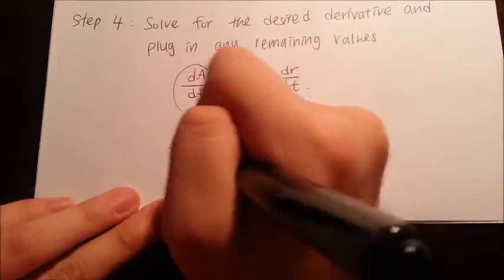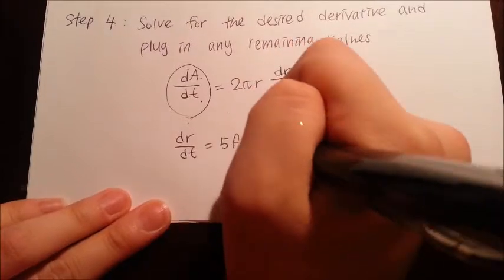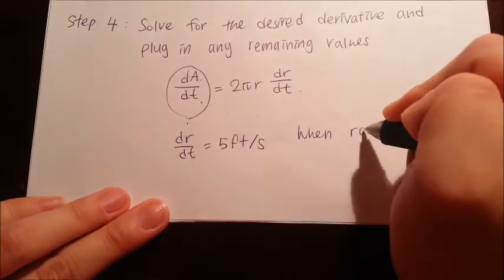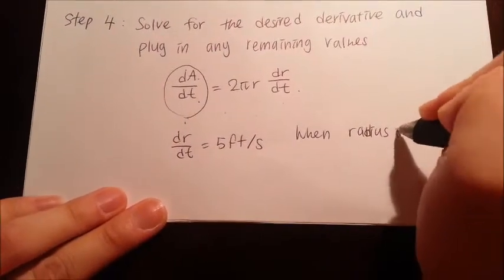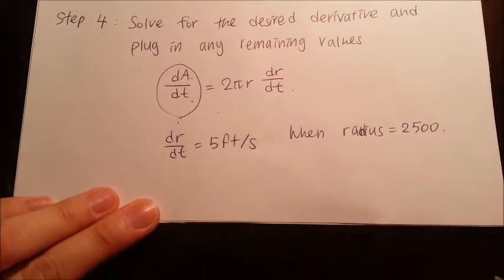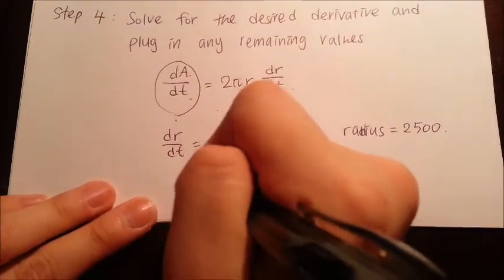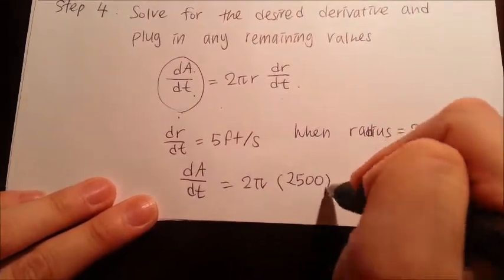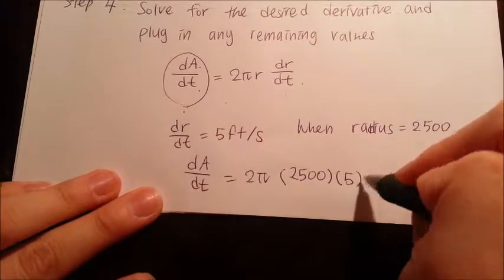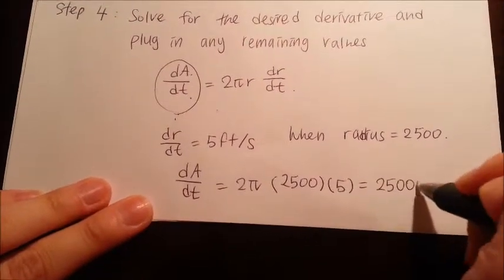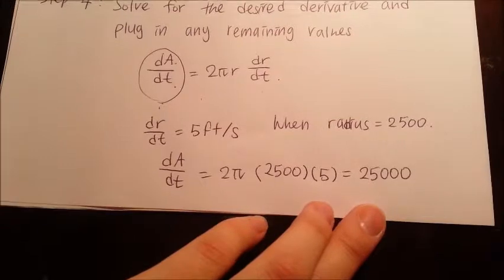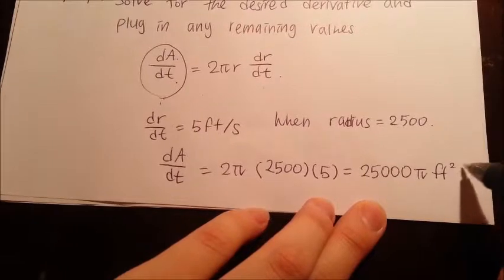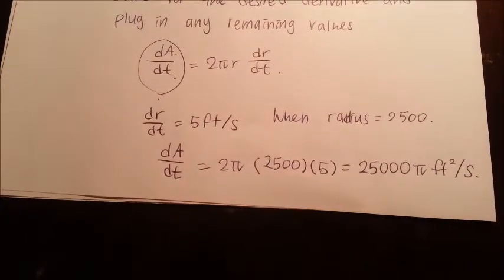Since dr over dt equals 5 feet per second, when radius equals 2500, dA over dt equals 2 pi times 2500 times 5 equals 25,000 pi square feet per second.